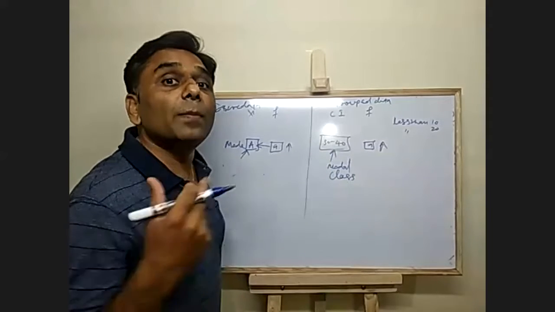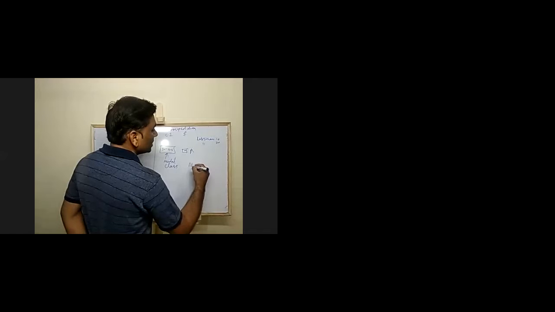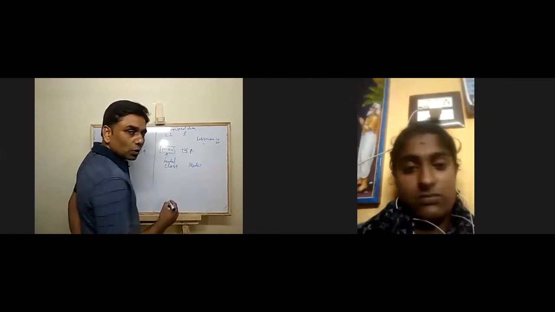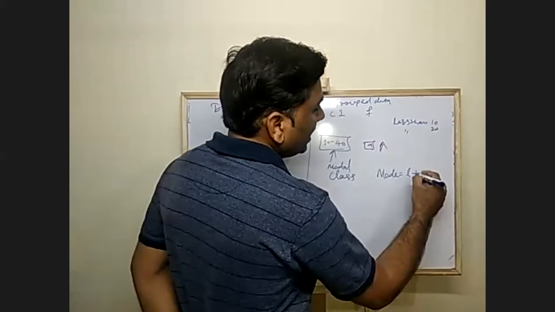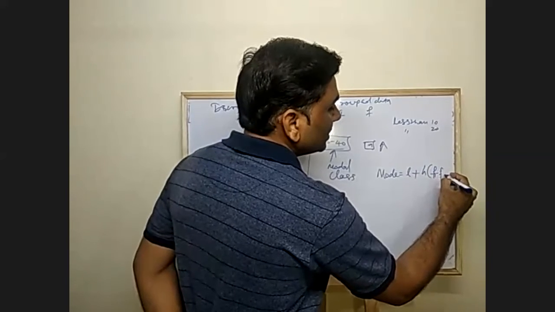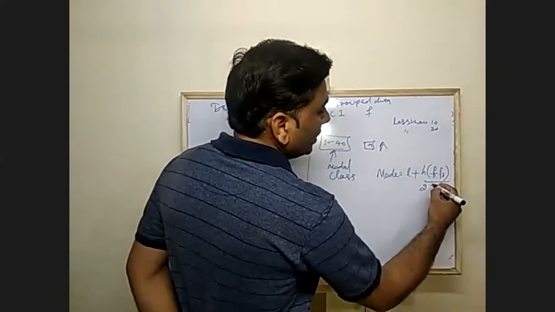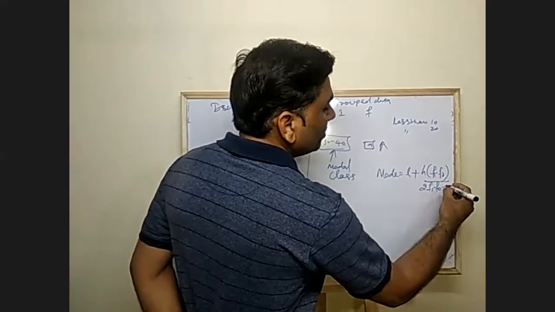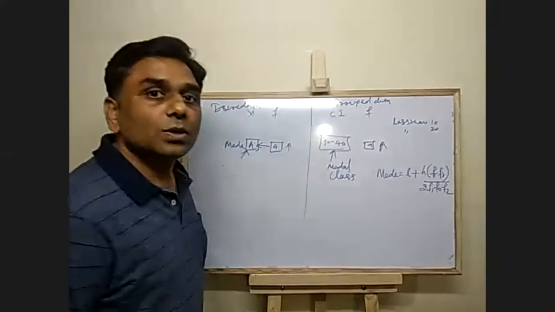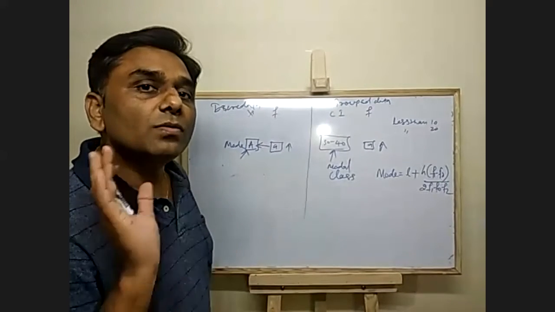Then you have to apply the mode formula. Here the formula is mode equal to L plus H into F1 minus F0 divided by 2F1 minus F0 minus F2. So use this formula, solve and get the mode value.